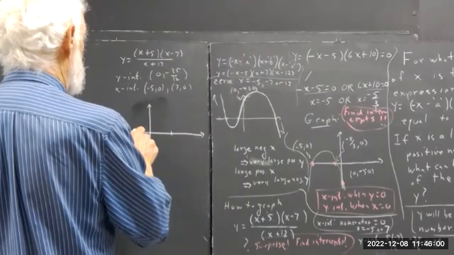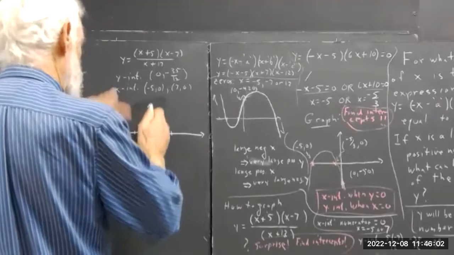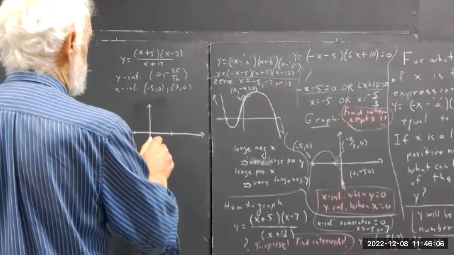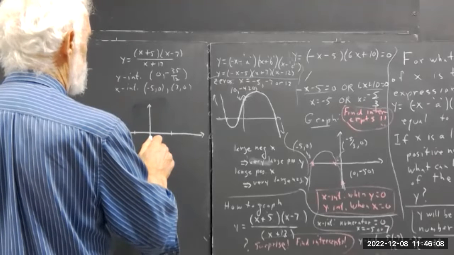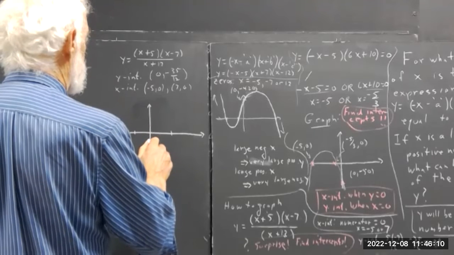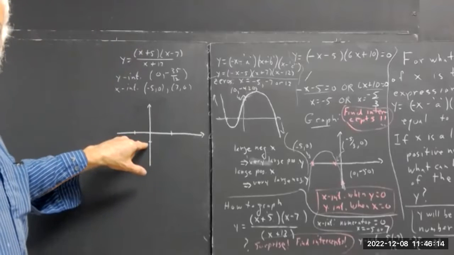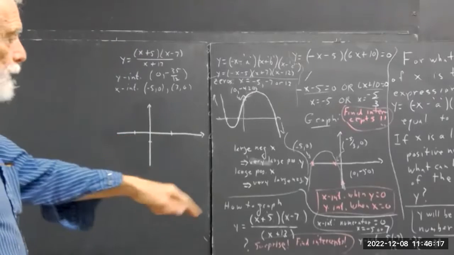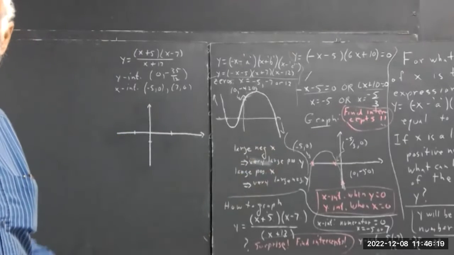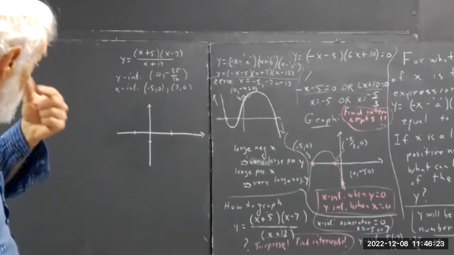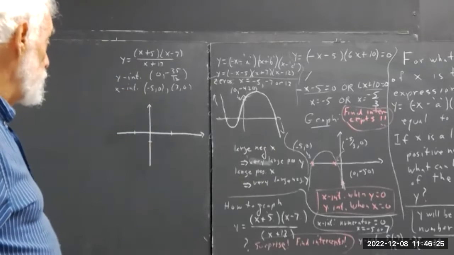Means -5 will go maybe about here, and we can use a different scale for the y-axis. But it's not actually necessary to do that. If I use the same x and y scale, -3 should go about here. And we won't be able to distinguish visually -3 from -2.9. Just getting an idea what the graph looks like. Okay, so here's our graph.